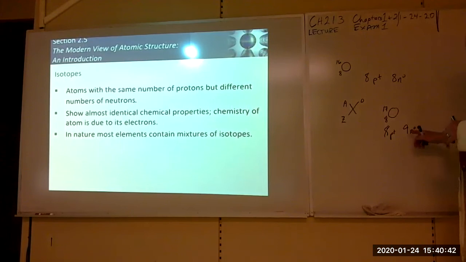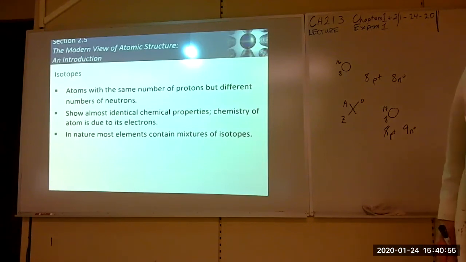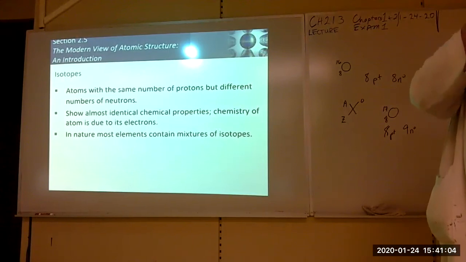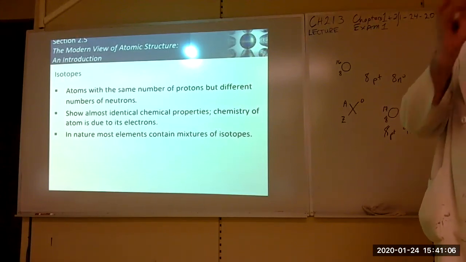But one is heavier than the other. Now, why do they behave alike chemically? When 2 atoms approach one another, what do they see first? Electrons. They see electrons, right, as they get closer. So the electron interaction is where the chemistry happens.